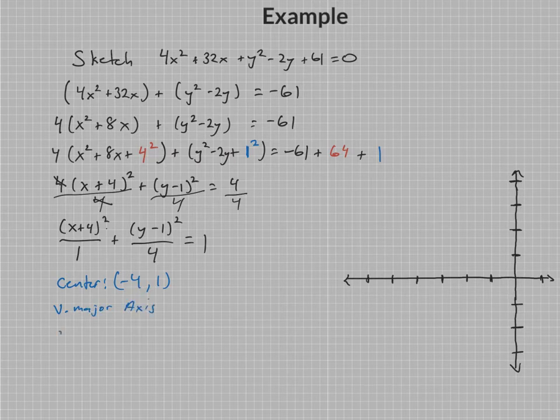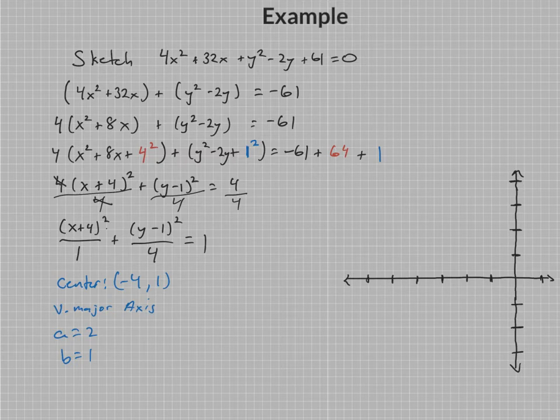I know A is equal to 2, B is equal to 1, because remember, A squared is 4 and B squared is 1. The square root of 4 is 2, that's A. The square root of 1 is 1, so that's B.